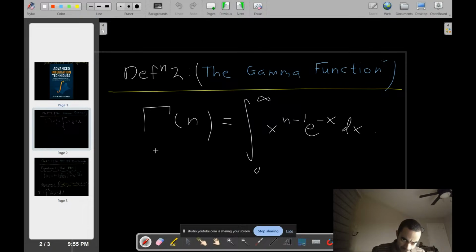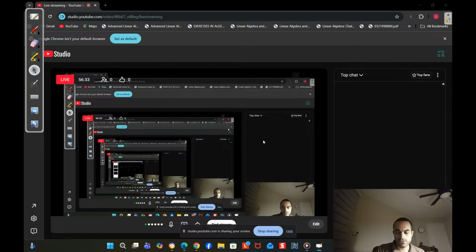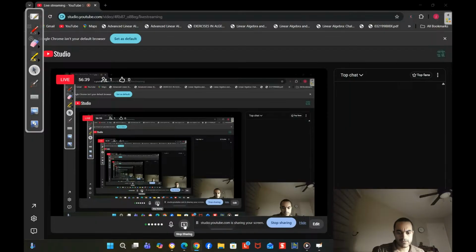In physical terms, it can calculate how fast the mass accumulates. That's what the gamma function can do. So let me demonstrate what I mean by that. Let me get rid of stuff here. We're going to go directly to a simulation.